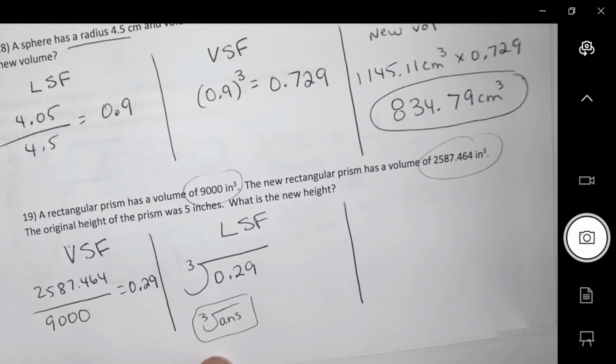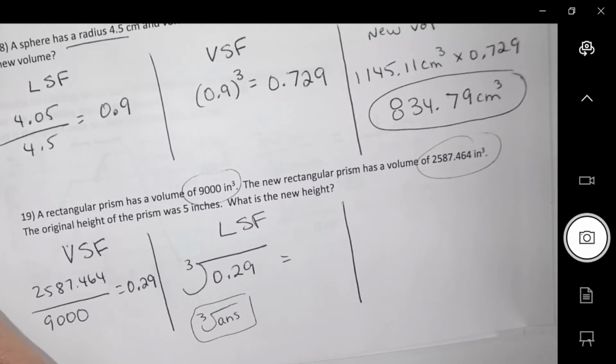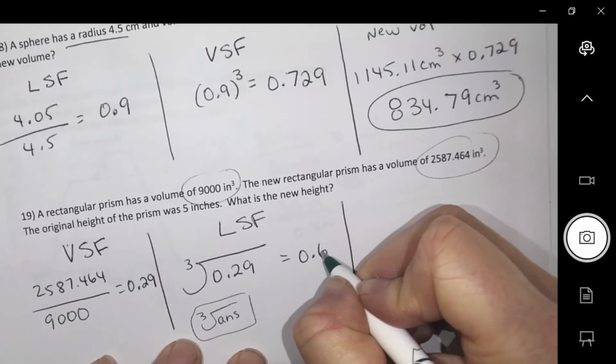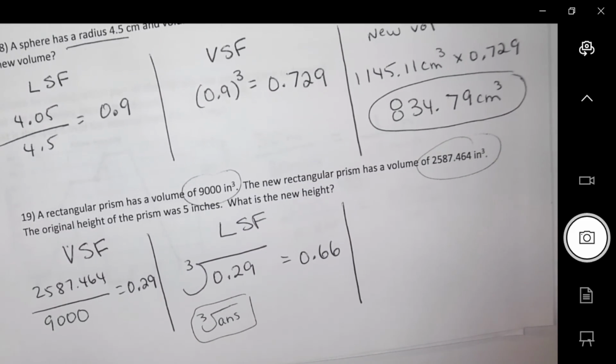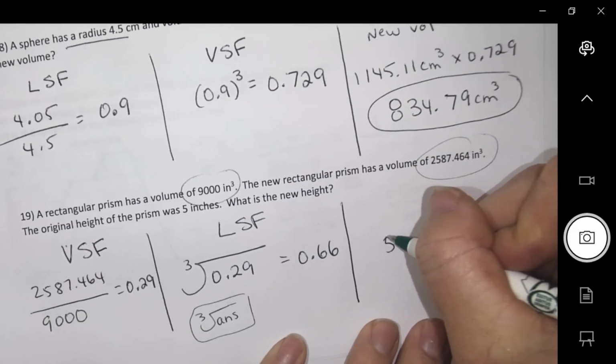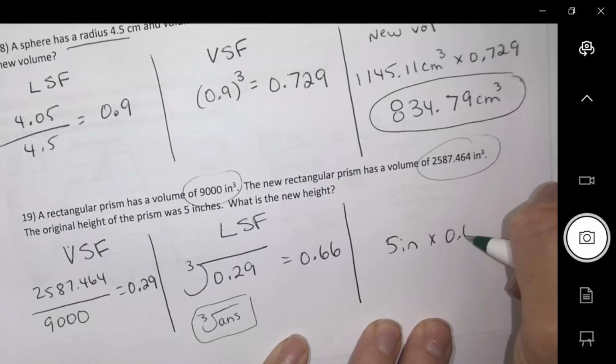Everyone knows I'm really doing cube root of answer, like I'm keeping these values in my calculator. So I've reduced, so what did 5 inches reduce to?